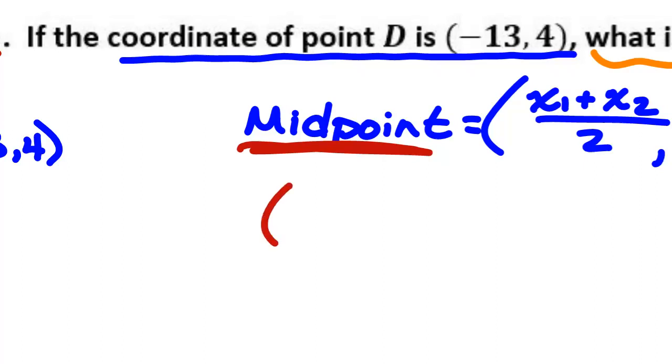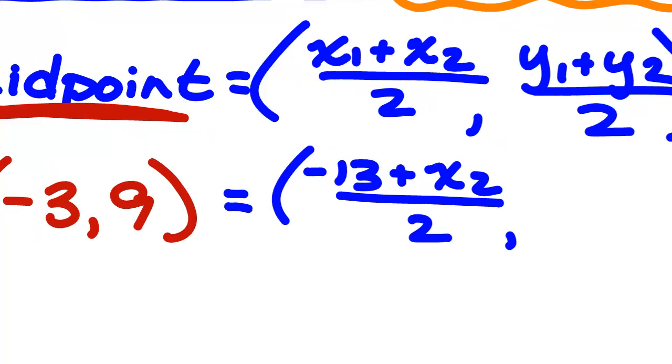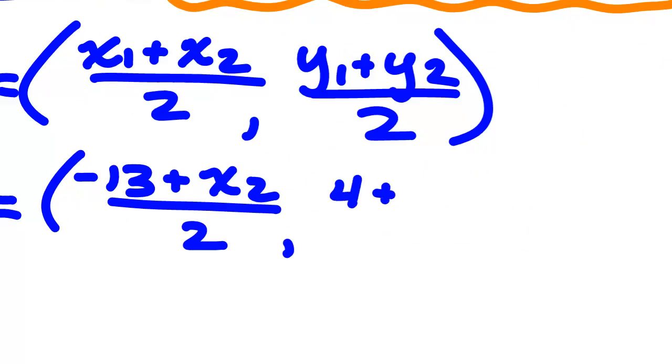So this is where I put -3,9. I can put my endpoint, -13,4, in for either my x1, y1 or my x2, y2. I'm going to go with x1, y1. So I would have -13 plus x2 over 2, and 4 plus y2 over 2.